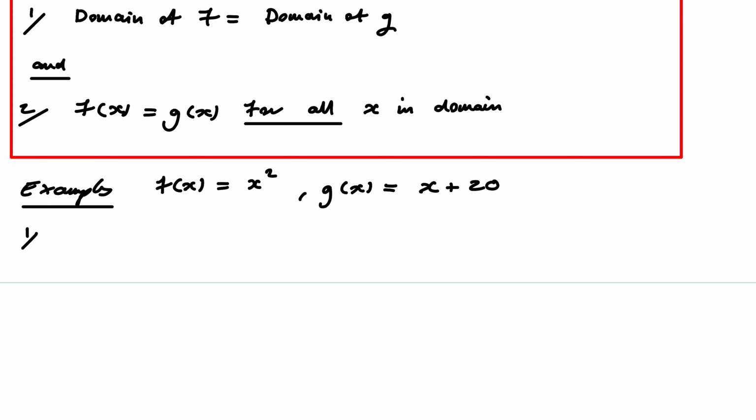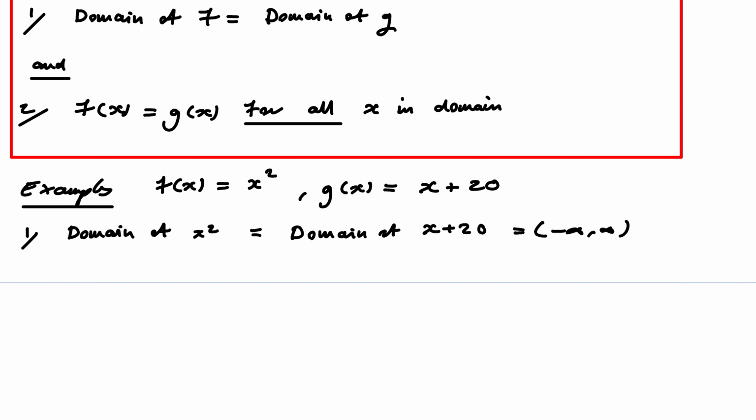First of all, the domain of f, the domain of x squared, so this is me being a bit loose with the notation, is equal to the domain of x plus 20. They're both the same, it's everything, right? There's no problems at all.